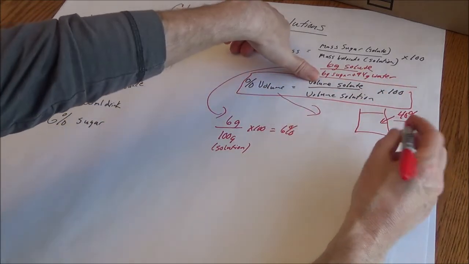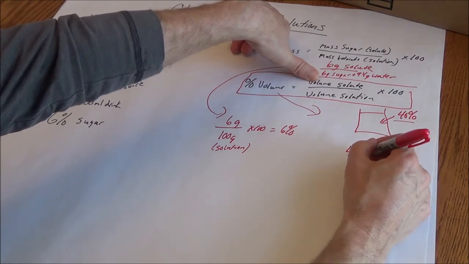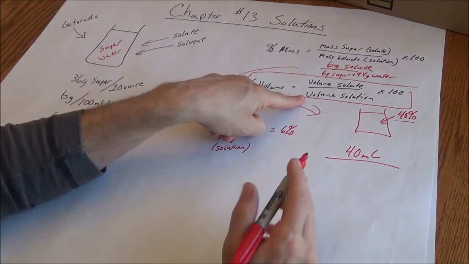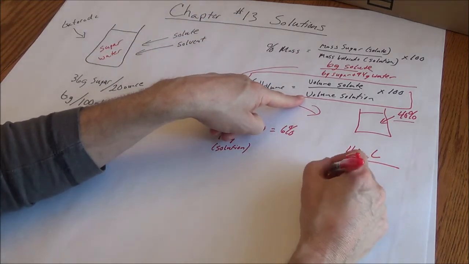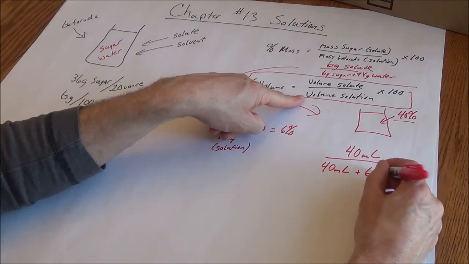So the volume of alcohol in the tequila, let's say, is 40 milliliters. The volume of the solution, the volume of the tequila drink, would be 40 milliliters of alcohol and 60 milliliters of water.